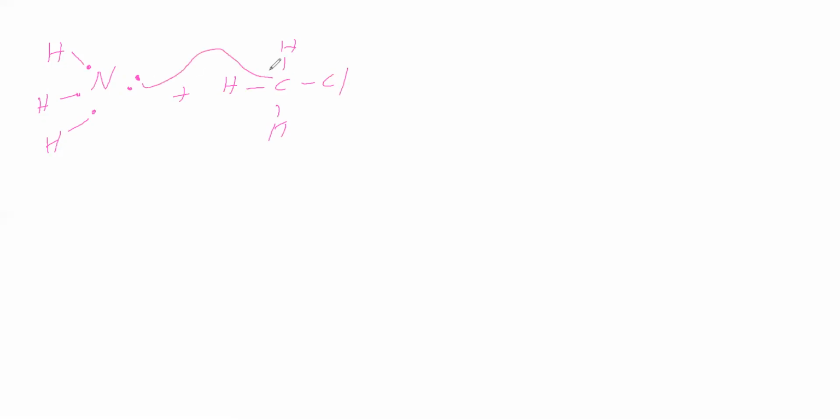So this lone pair attacks this carbon, this bond migrates, and Cl minus leaves. So we get NH3 bonded to CH3, and N gets a positive charge due to donation, since it is a donor.